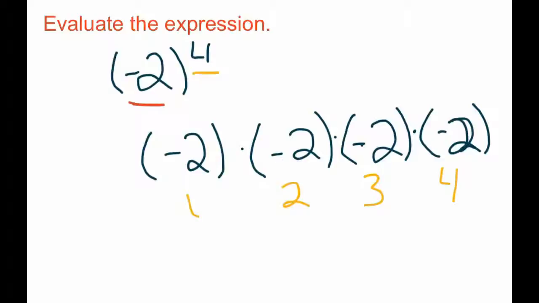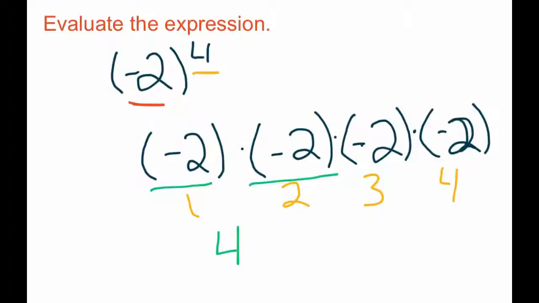When we multiply -2 by -2, we get 4. And this is positive because a negative multiplied by a negative is a positive.